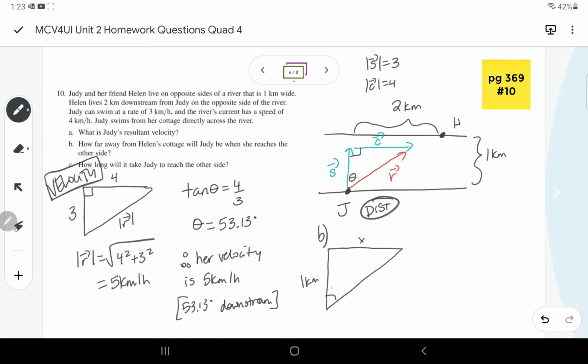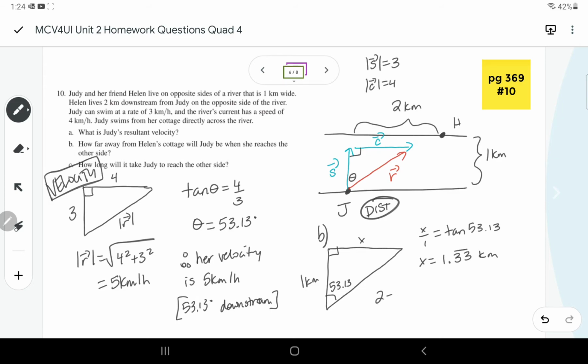And I also know that this direction she's going is 53.13. So I could say that X over 1 is tan 53.13. So here I get 1.33 repeated kilometers. So that's how far down she's going to be.